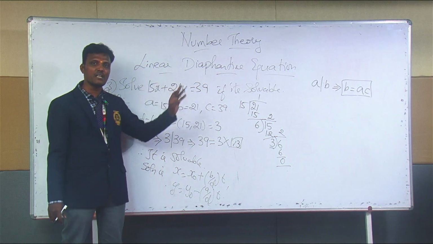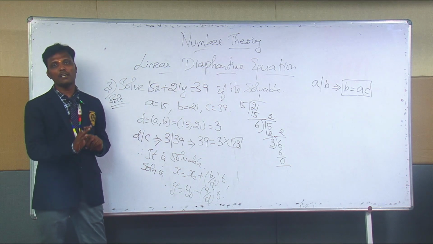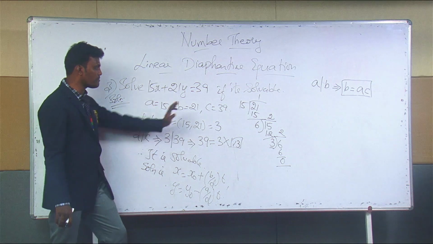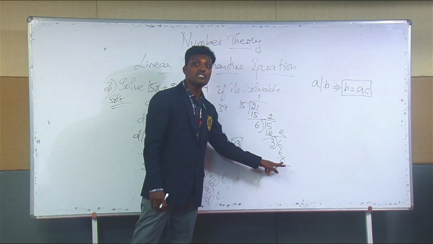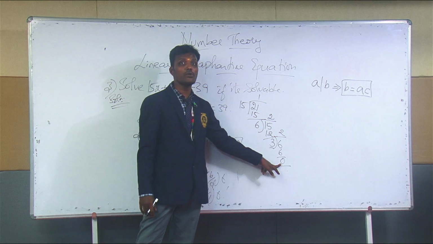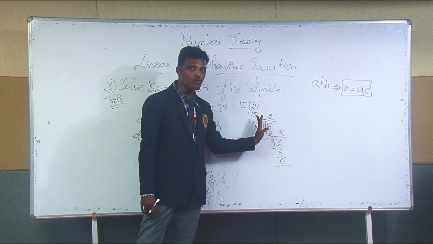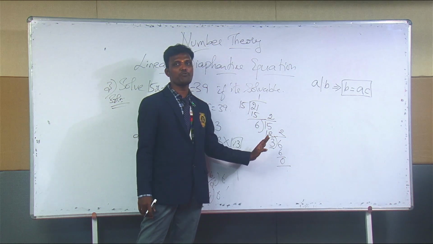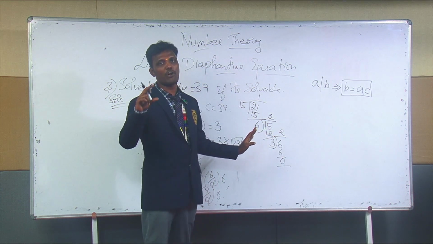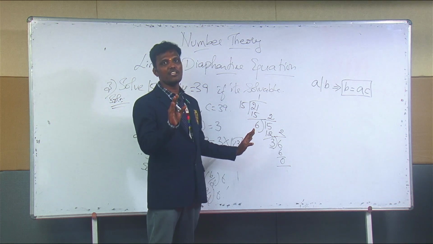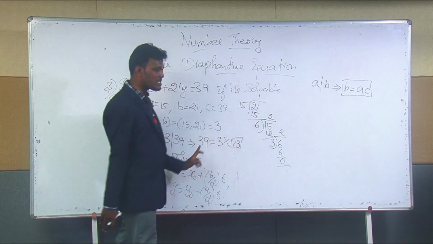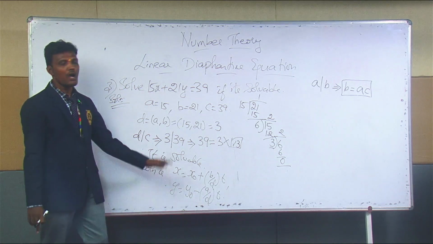So what is the general procedure to find the particular solution x naught, y naught? Using this GCD concept, that is called the Euclidean algorithm. Using the Euclidean algorithm, you can easily find the linear combination of the two numbers. Using that linear combination, you can easily find x naught and y naught. How?